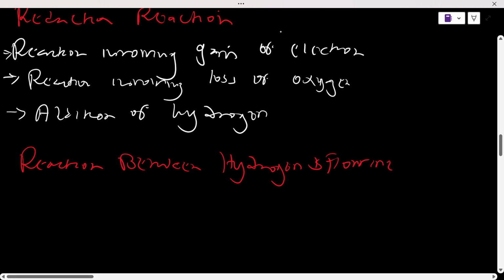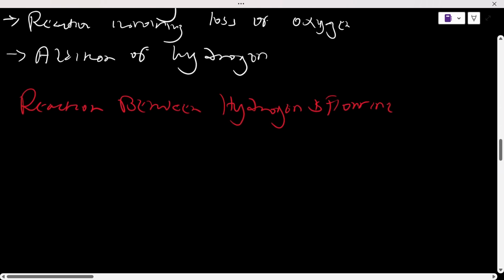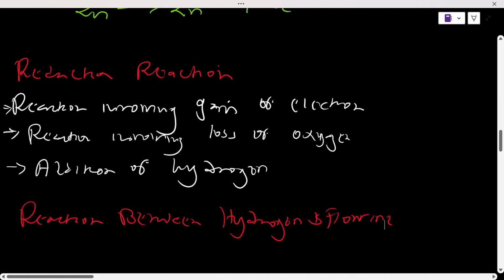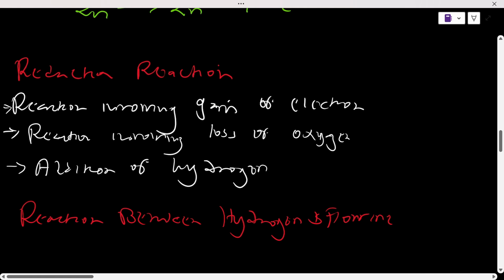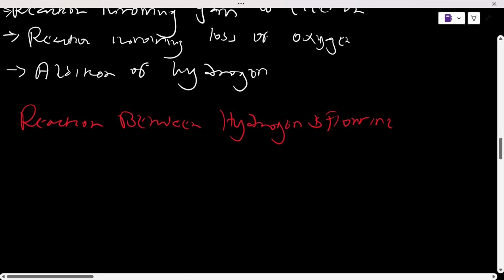In the first stage, I explained that it was hydrogen undergoing the oxidation half reaction. Now, what was happening to fluorine in that given reaction? Fluorine was supposed to undergo the reduction half reaction.